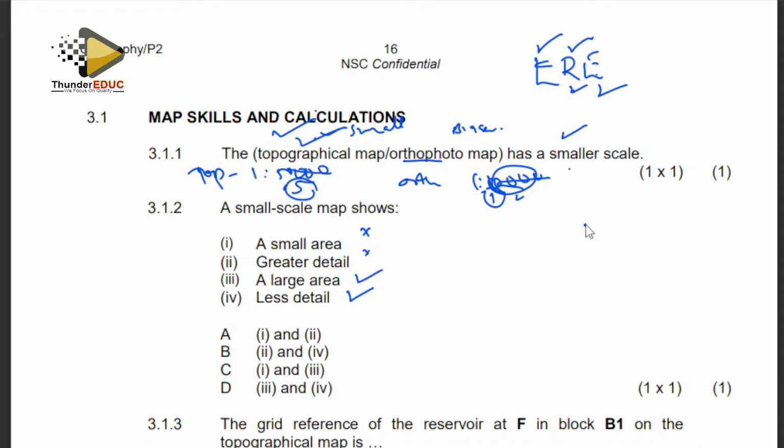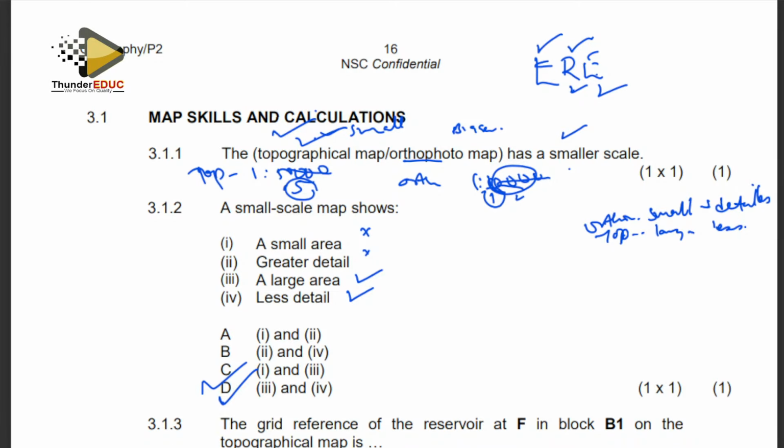Please understand me: the orthophoto map shows a very small area but with a lot of details, whereas the topographic map shows a larger area but with less details. Remember, if it is covering a very large area, you have to use a very small scale to ensure that all that area is catered for. So the answer here is D, 3 and 4.